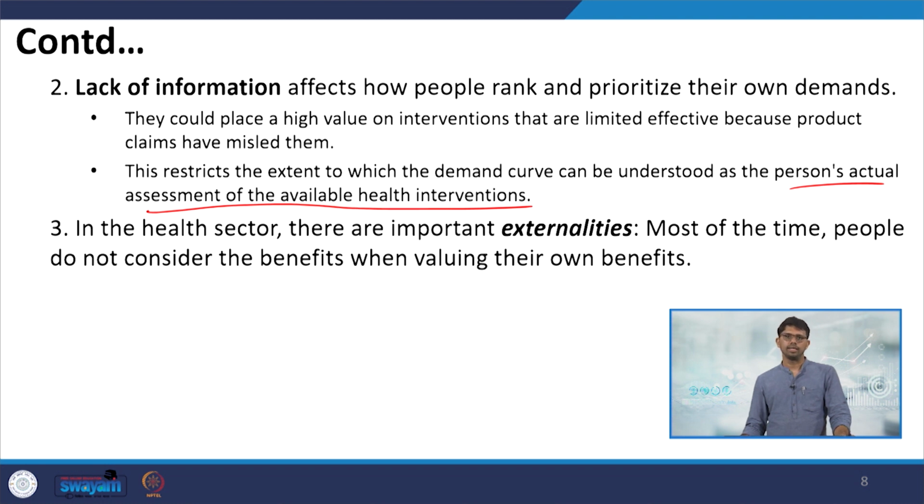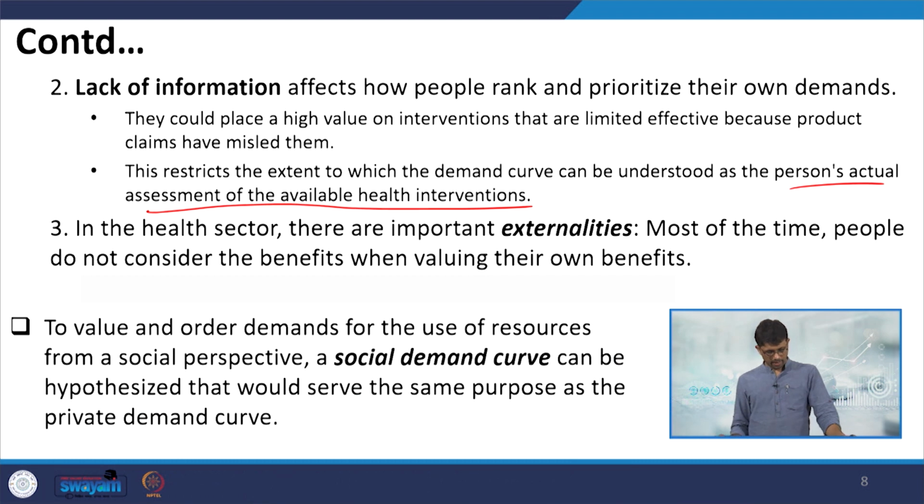The third one is called externalities. Most of the time people do not consider benefits to others when valuing their own benefits, like vaccination, which reduces the risk of disease transmission to others. In COVID time, you might have seen how externalities, or the information reaching others, hugely inspired others to value the product differently.